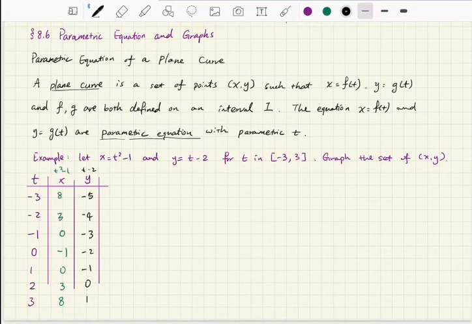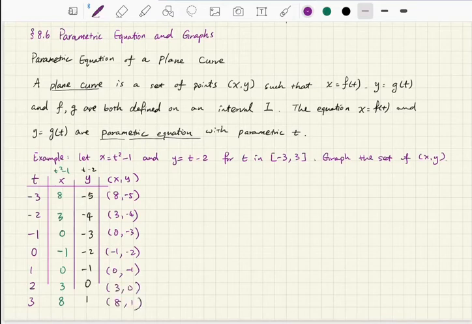So we have the ordered pairs x, y as 8, -5; 3, -4; 0, -3; -1, -2; 0, -1; 3, 0; and 8, 1.